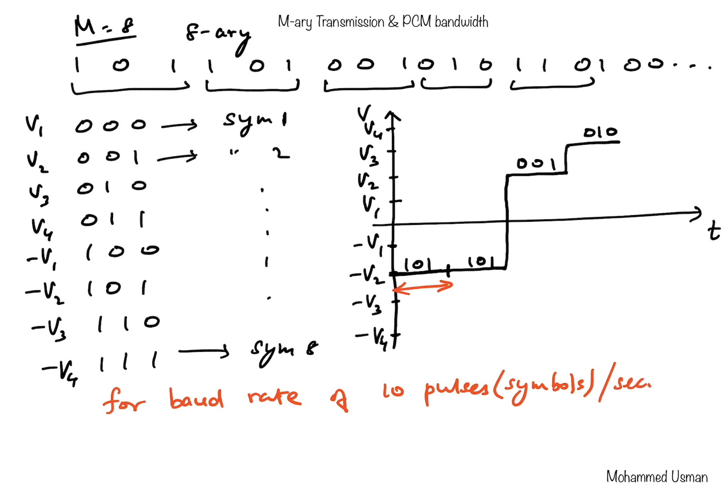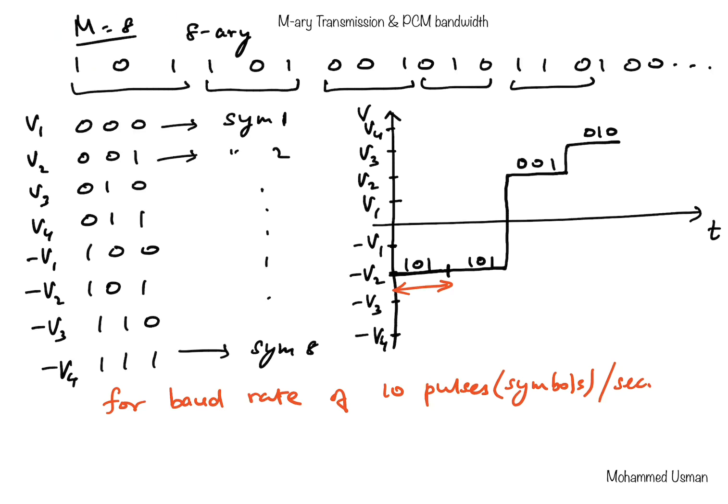What is the bit rate now? So when we are transmitting 10 pulses in 1 second, each pulse is representing 3 bits. So 10 pulses would give us 30 bits. That means 10 pulses per second would correspond to 30 bits per second for this case when M is equal to 8.